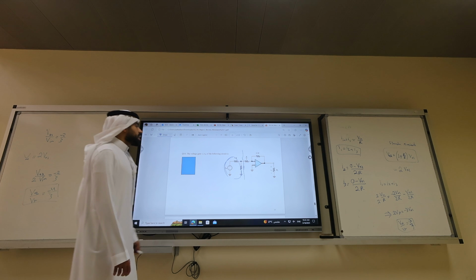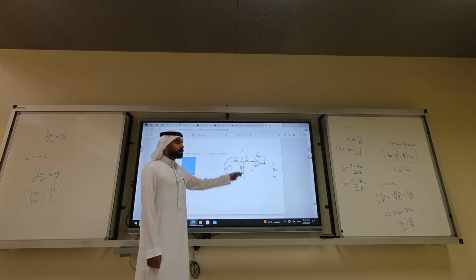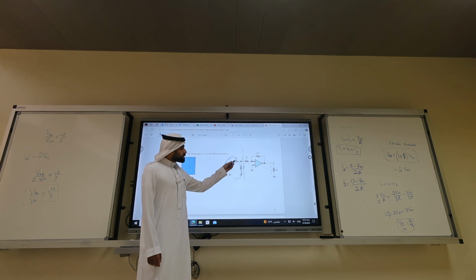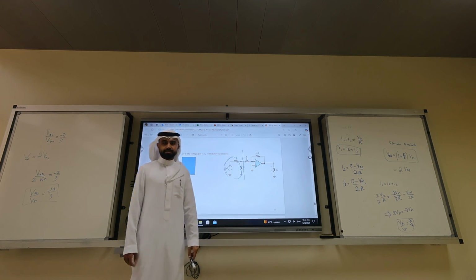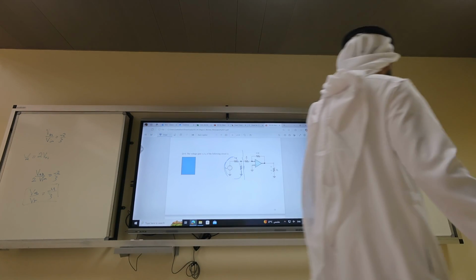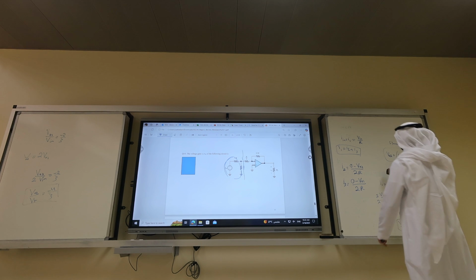You cannot say I'm going to use the voltage divider rule here, because R and R over 2 are not in series. How to solve it?